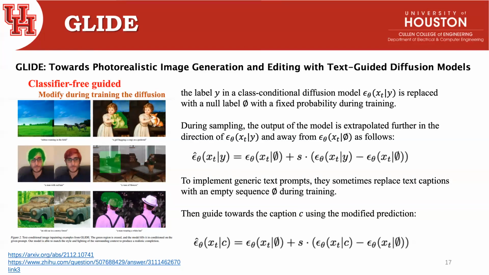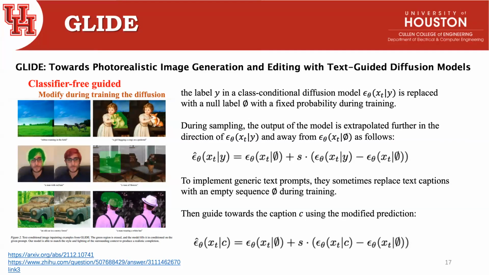But the classifier-free guide can do this. So what the classifier-free guide does, you can see the free, it does not need a classifier. It only uses some text captions, it does not need the directions.